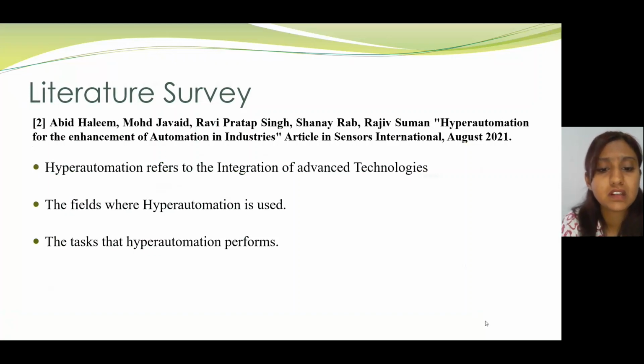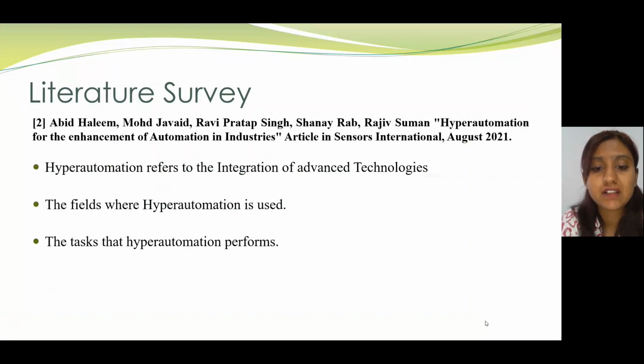This paper gave me information that hyperautomation refers to the integration of advanced technologies such as artificial intelligence, machine learning, robotics, process automation, and other emerging technologies to automate and streamline business process. So, hyperautomation enhances automation in industries by making it more intelligent, efficient, and adaptable.